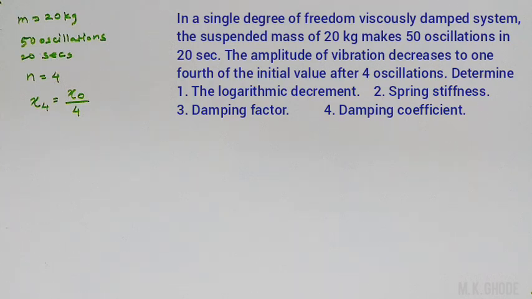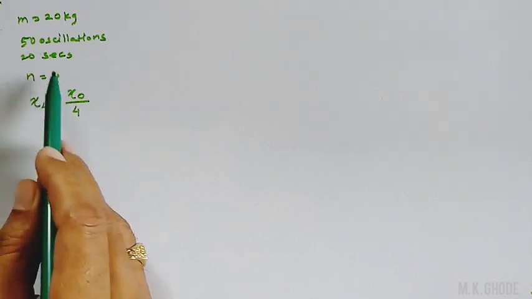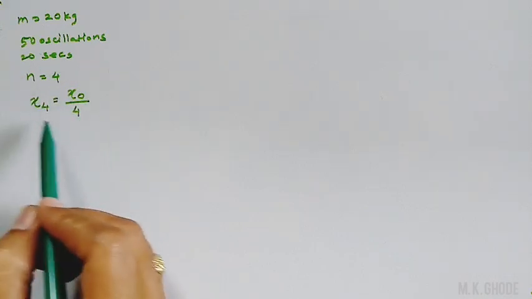So this is the given data for this numerical, and we need to find the logarithmic decrement, the damping factor and the damping coefficient. So let us start with the logarithmic decrement. For 4 cycles the data is given.